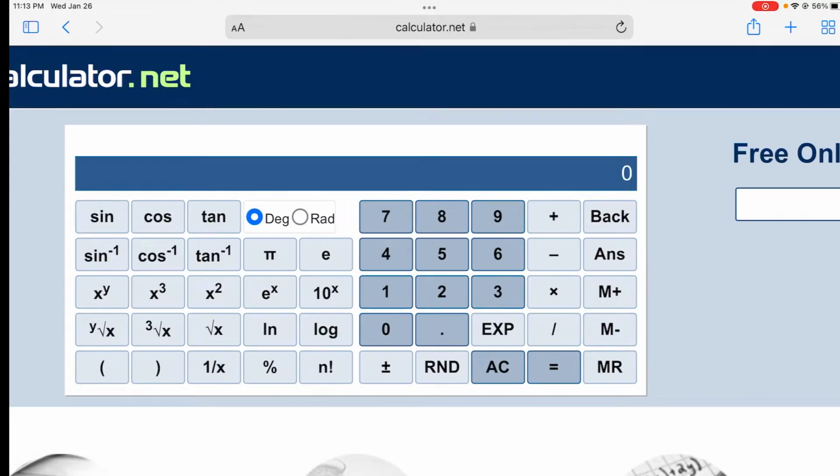And here, I'm just going to calculator.net and use this calculator. So the first thing you're going to do is choose the correct mode. Remember, your theta is in radian, so I'm choosing radian instead of degree. And then I need to find sine inverse, so hit sine inverse of 0.8.